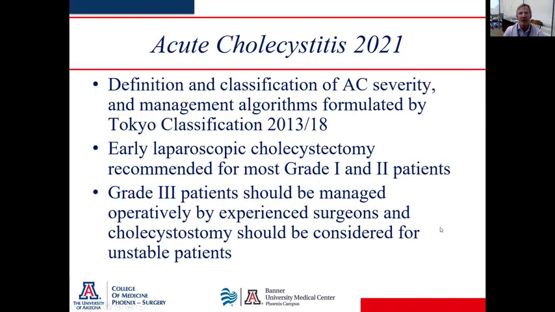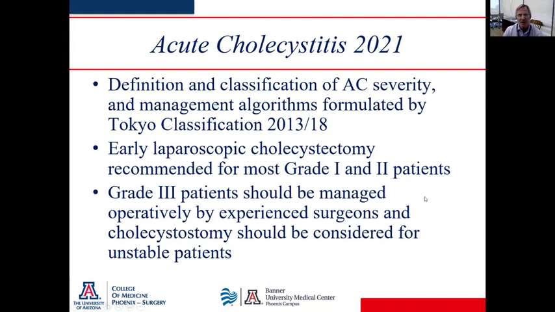So I would say in conclusion then, that the definition and classification of acute cholecystitis severity and management algorithms formulated by the Tokyo classification in 2013 and 2018 should really guide us in the management of acute cholecystitis in the year 2021. For the vast majority of patients, early laparoscopic cholecystectomy is recommended, especially for those with grade 1 and grade 2 acute cholecystitis.